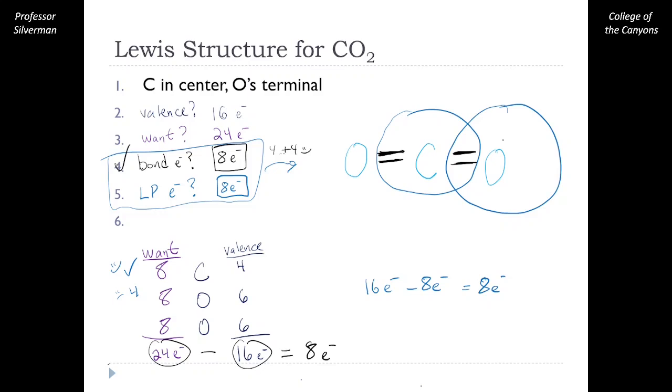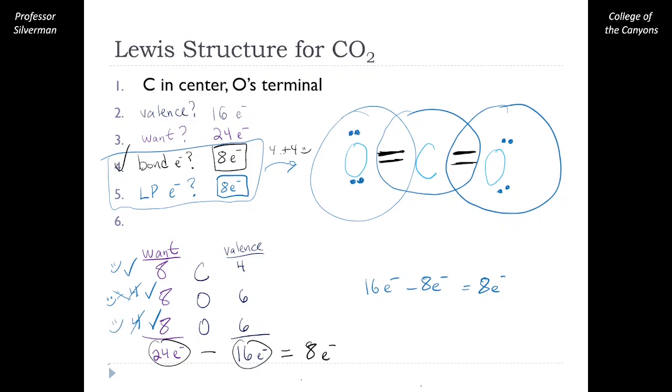This is not good enough. We need to add another 4 electrons. Our last oxygen also wanted to have 8 electrons. Right now, again, it only has 4. We're going to need to add more electrons until we get up to the 8 that we wanted.